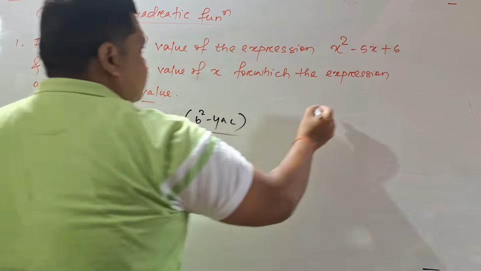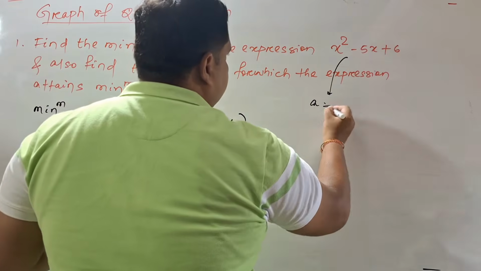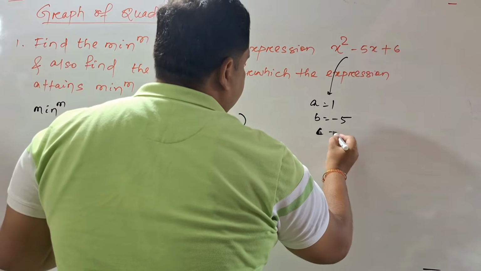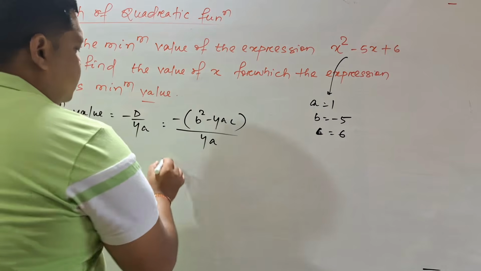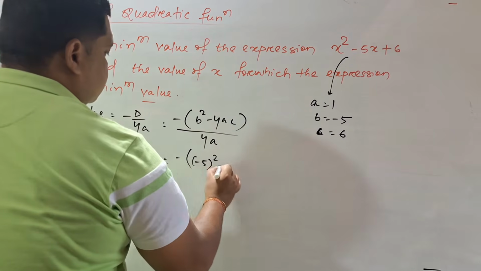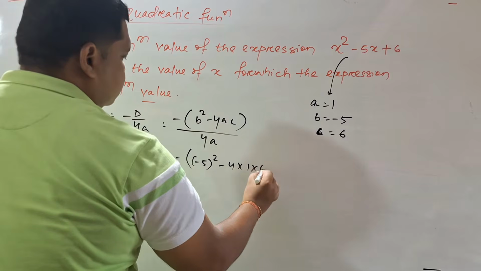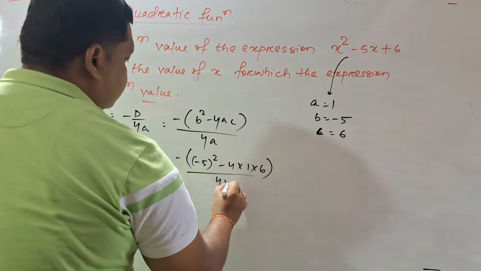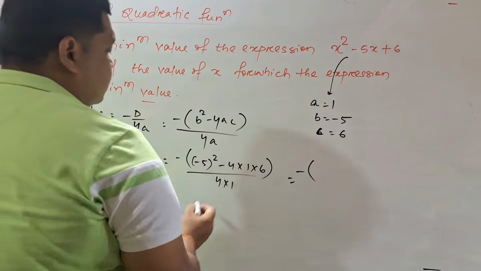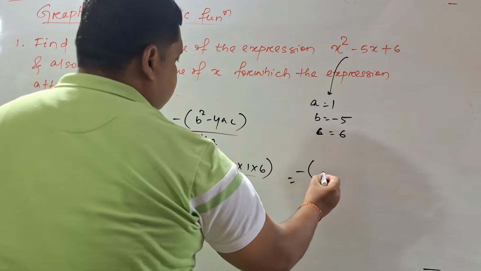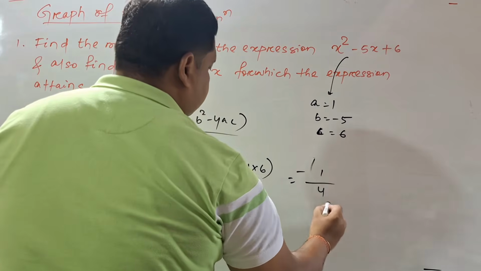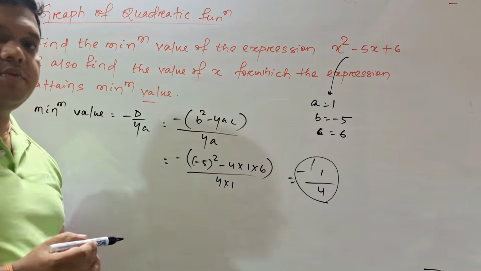If you observe the quadratic expression, a is equal to 1, b is equal to minus 5, and c is equal to 6. If I put the values, this is minus of 5 square minus 4ac, divided by 4a. So the answer is minus of 25 minus 24, which is 1. Minus 1 divided by 4, so minus 1 by 4. This is the minimum point.